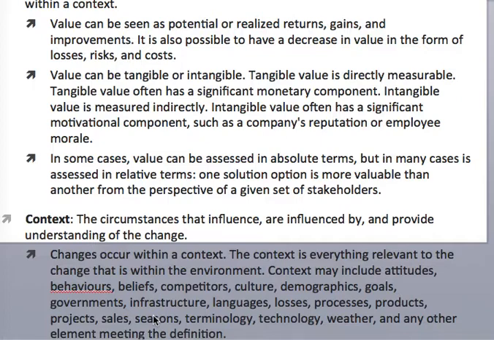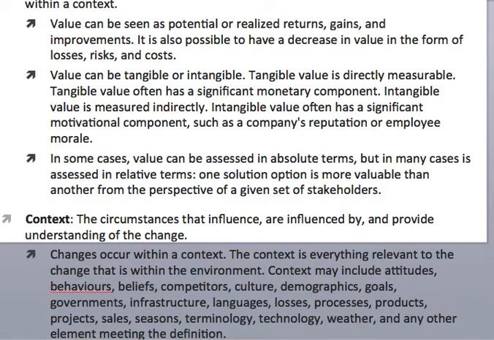For example, context is everything relevant to the change within the environment. The context may include attitude, behavior, belief, competitors, culture, demographics, industry, goals, government, infrastructure, language, losses, processes, products, projects, sales, seasons, terminology, technology, weather, and any other element meeting the definition.